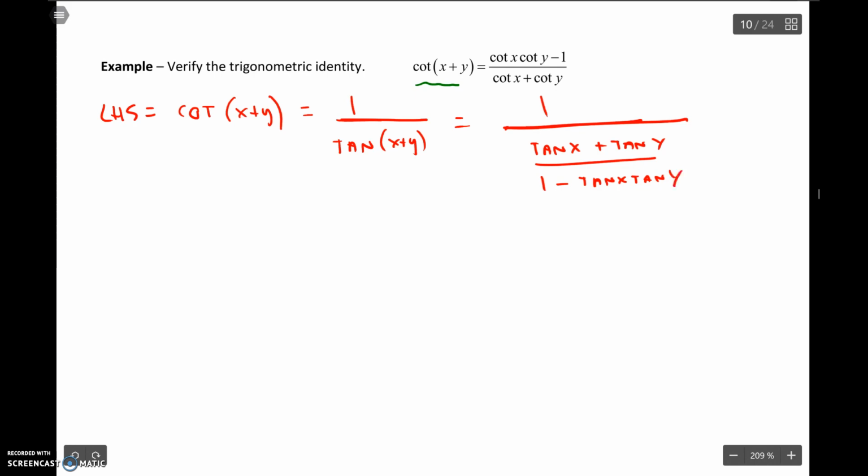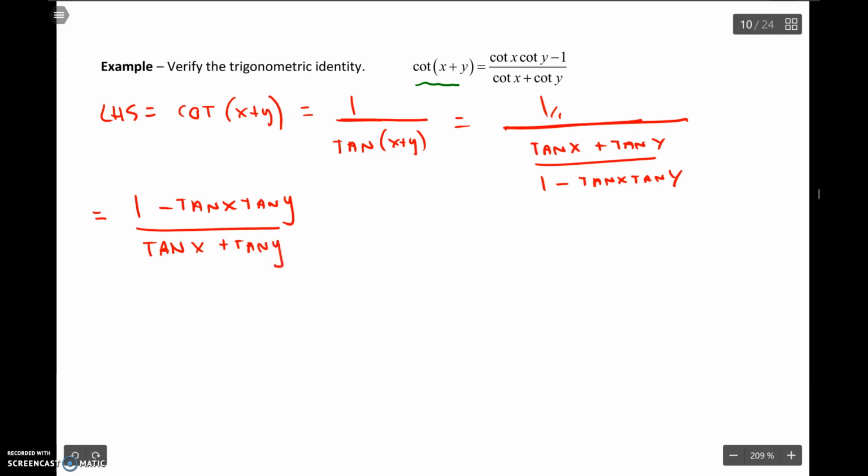Now I need to make this look like this. So let's first get rid of the fraction. We have 1 over 1 times that, multiplied by the reciprocal. So basically the bottom moves up to the top, and the top goes to the bottom. Tangent of x plus tangent of y.